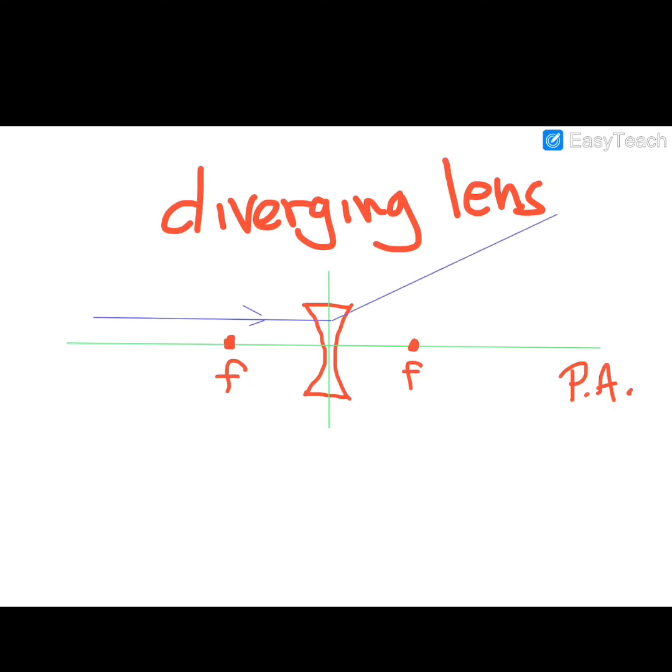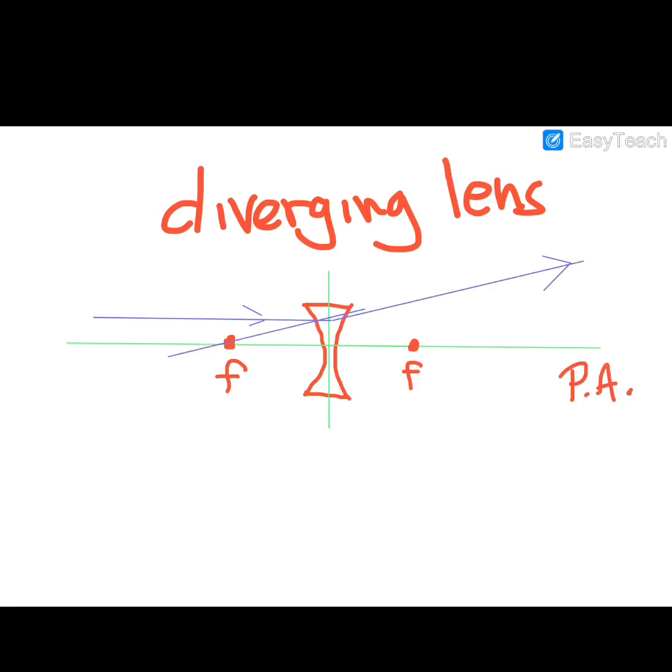The term diverging, I hope, speaks to you as meaning going away from. But it goes away from the principal axis in a very specific direction. It goes away from the principal axis as if it came from the focus on the other side of the lens. So just about there.